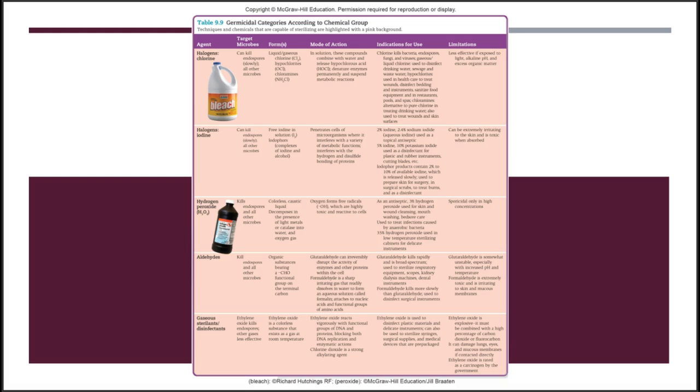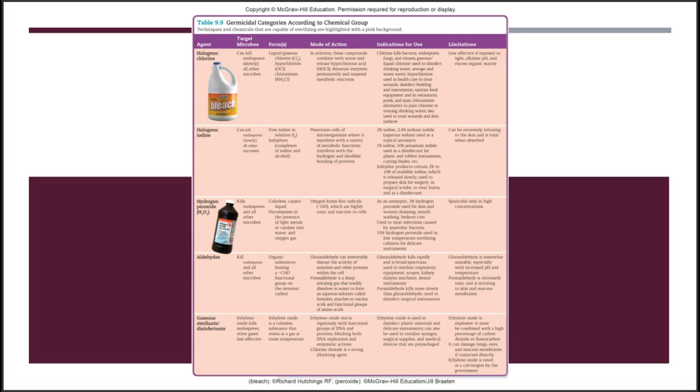So the next few images come straight from your textbook. This is table 9.9. These tables list the chemical agents that we typically use to control microbes, their mode of action, and some of the limitations and indications for use.